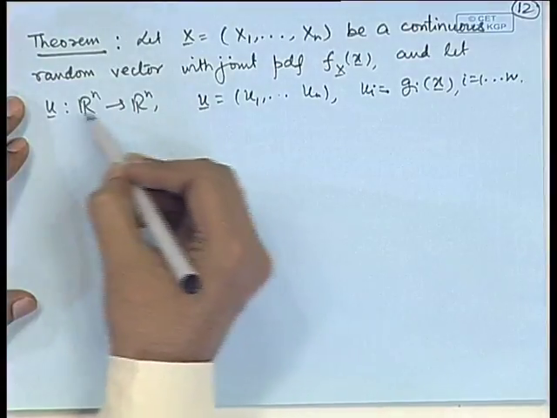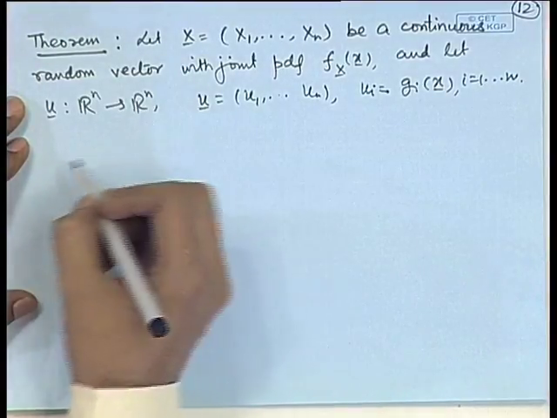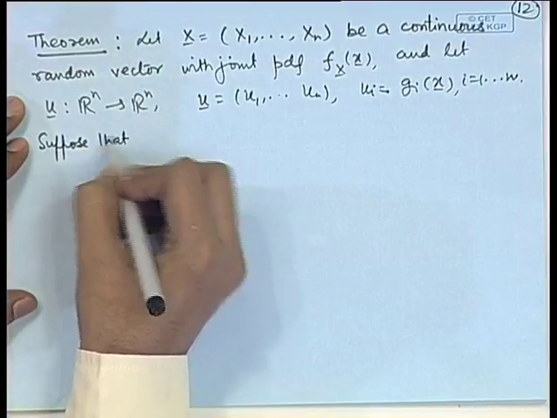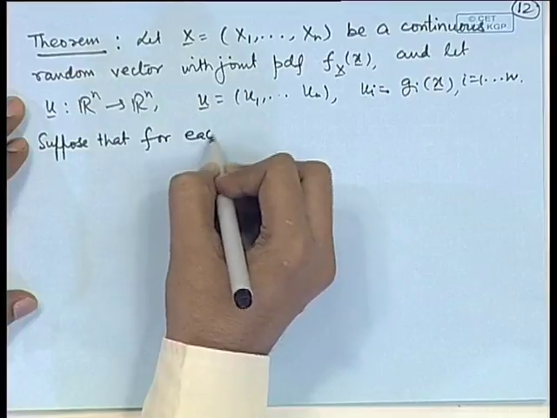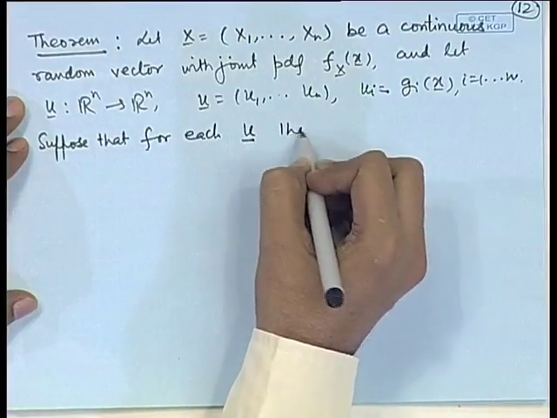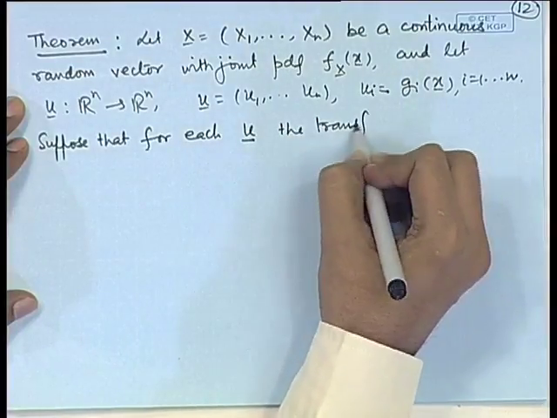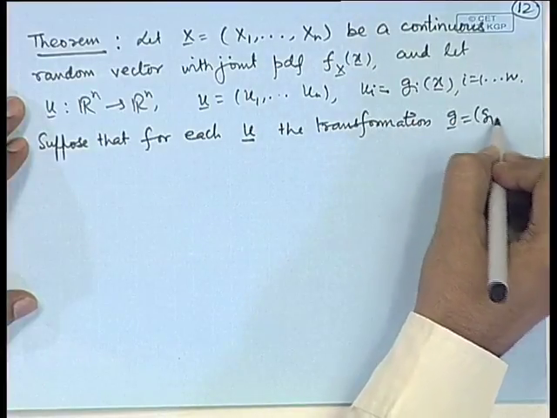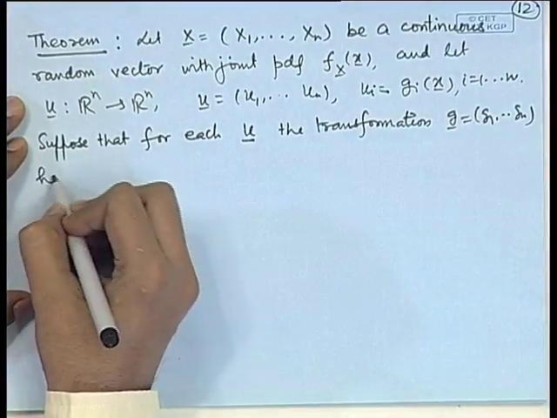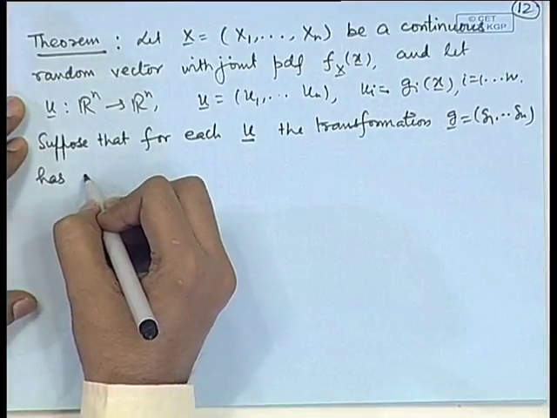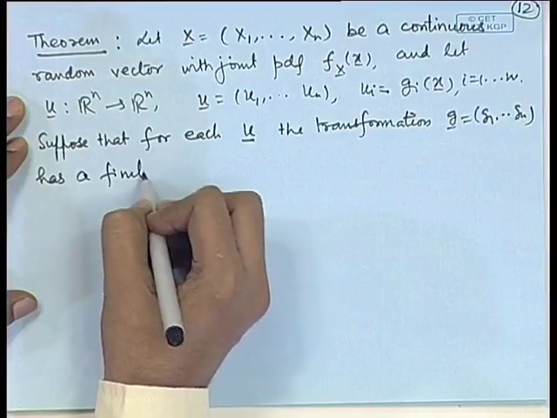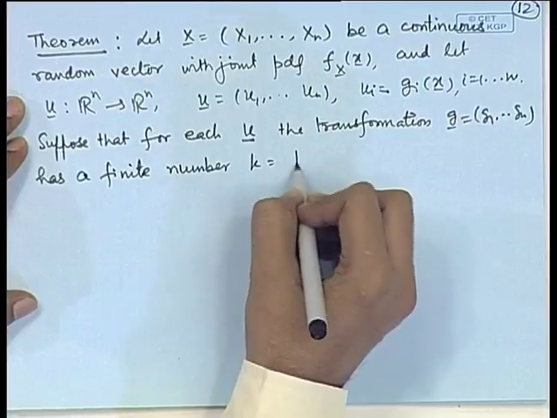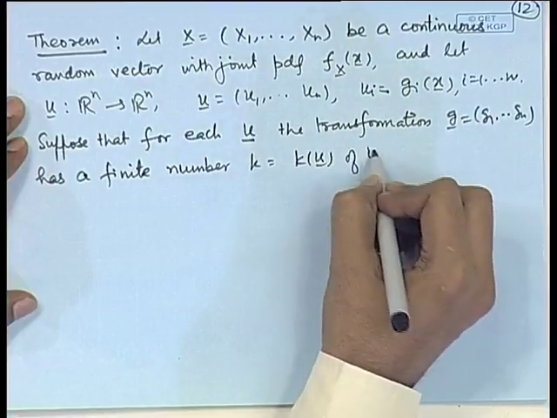So, we are not assuming that it is a 1 to 1 function. Suppose that for each u the transformation g, that is g1, g2, ..., gn, has a finite number, say k, of inverses.